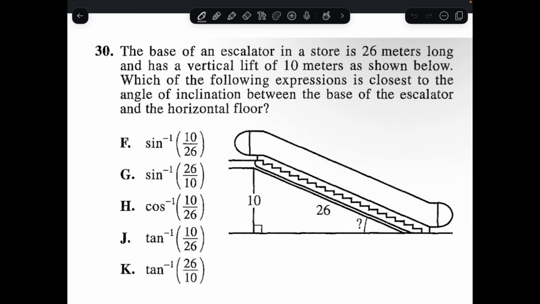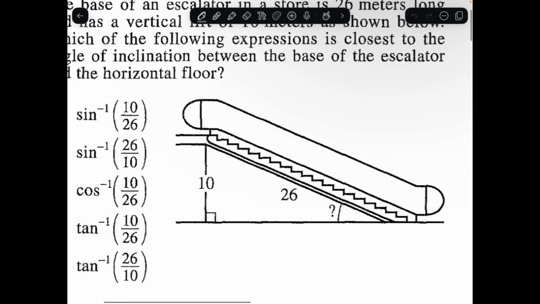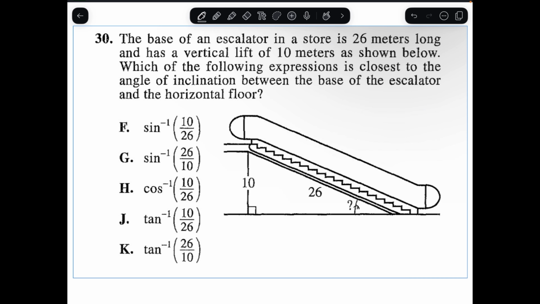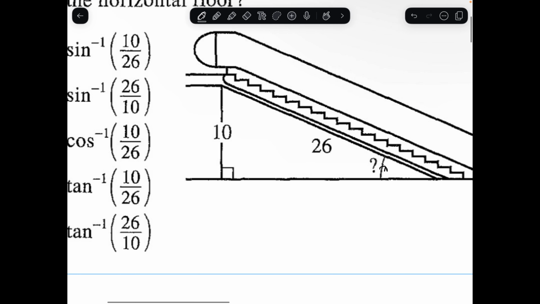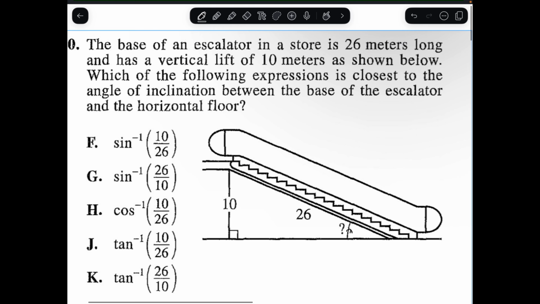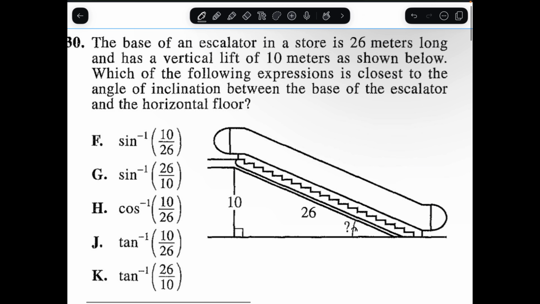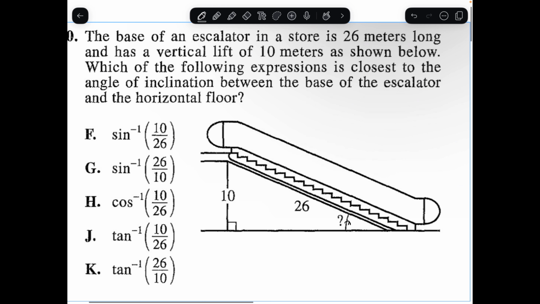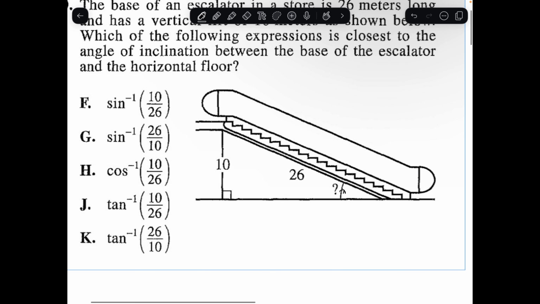So for this problem, let's look at the picture first. So we are trying to find this angle, right? And it's given us that the vertical lift is 10 meters. And it's given us that the base of an escalator in a store, right, that is 26 meters long.